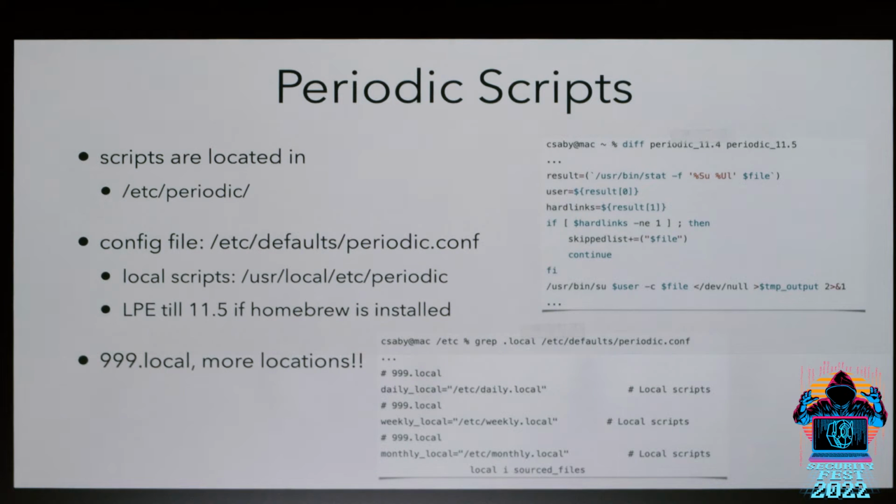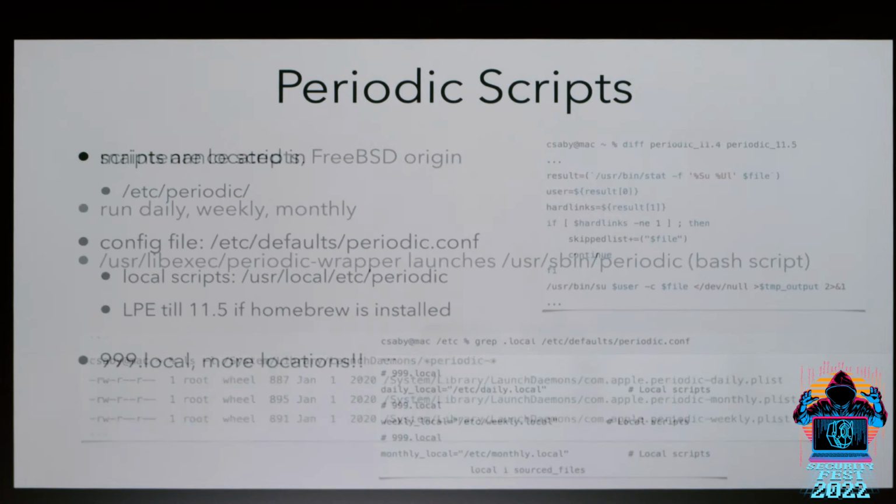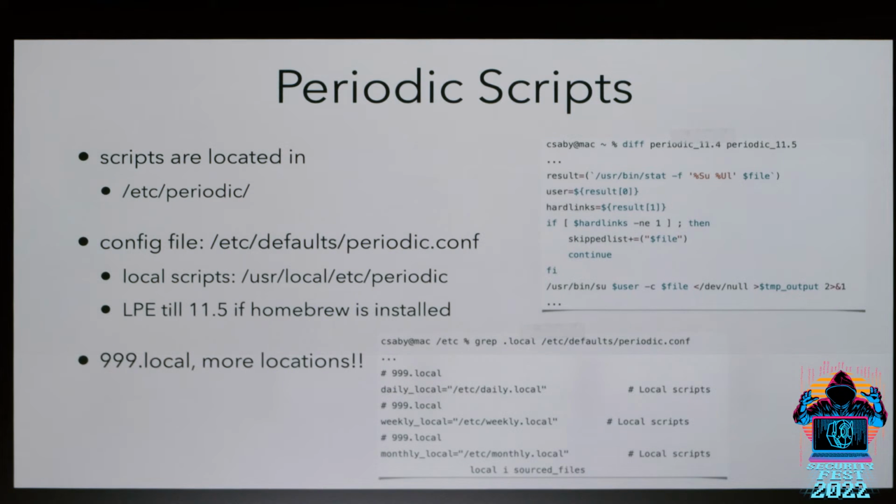The scripts themselves are located under the /etc/periodic directory, and there is one for daily, weekly, monthly scripts. There are a bunch of them, and basically what the periodic bash script does is enumerate all the scripts, go through and execute all of them.